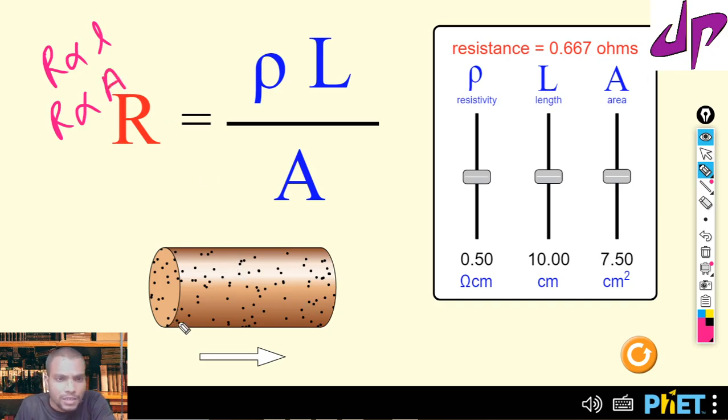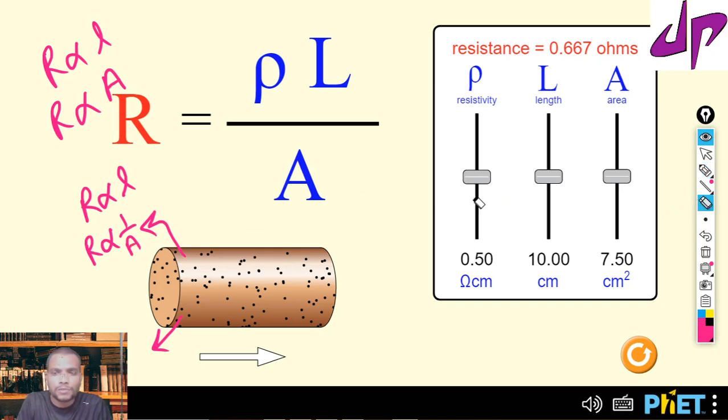Suppose this is the conducting material I have taken here. I want to find the resistance of this material. The resistance of this material depends upon the following factors: the length of the conductor, to which the resistance is directly proportional, and the area of the conductor, to which the resistance is inversely proportional.